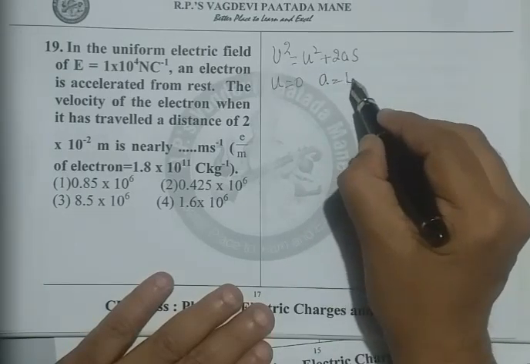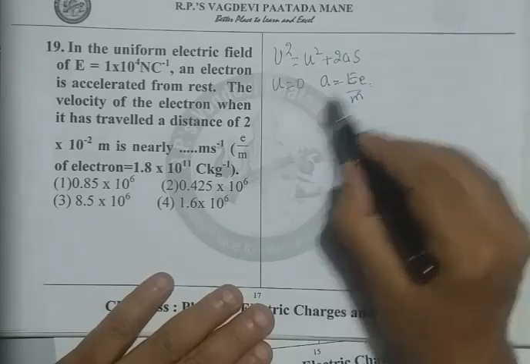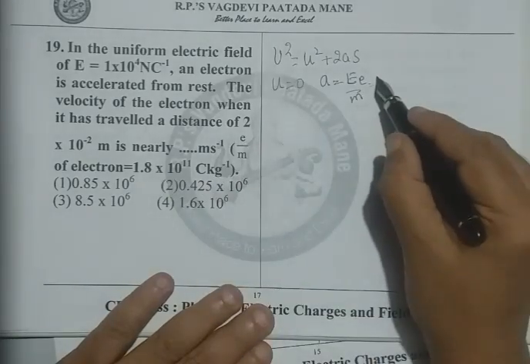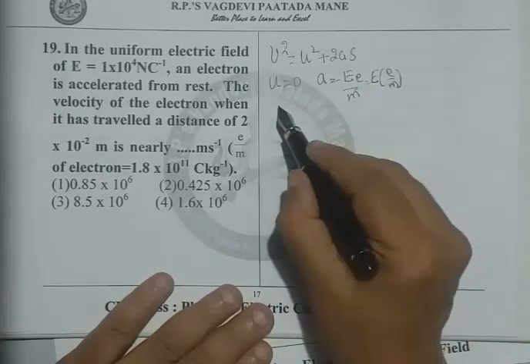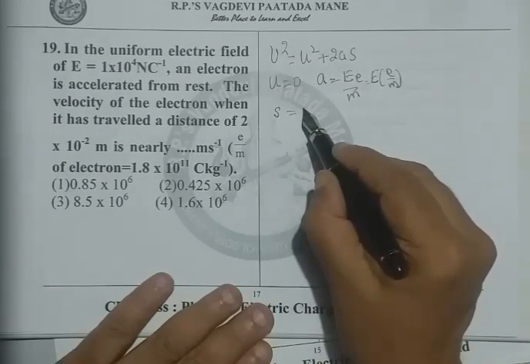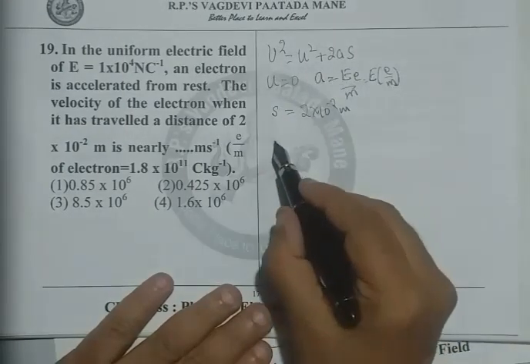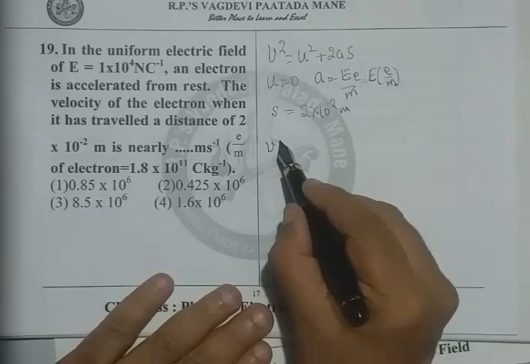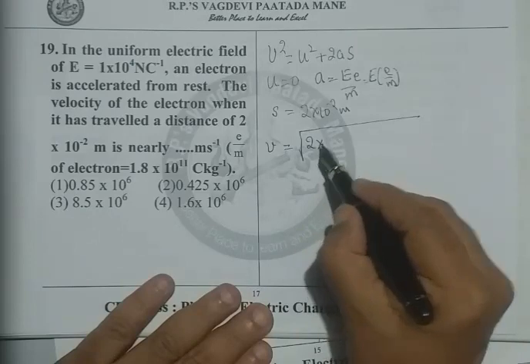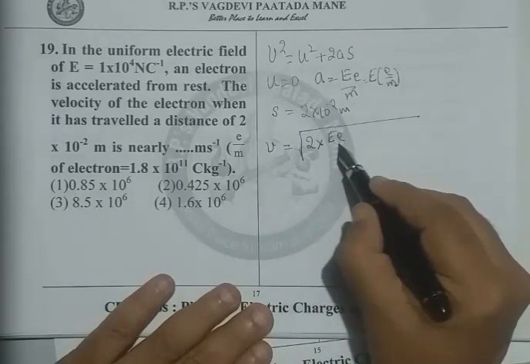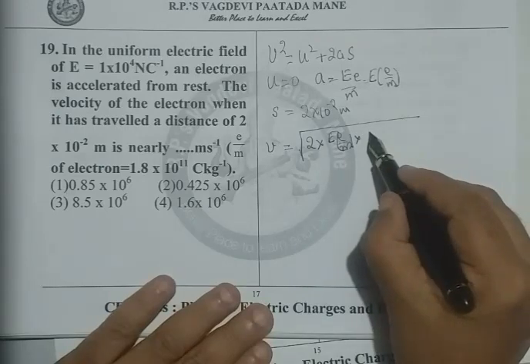The acceleration a, I can write as E by m, but we are given e by m. Therefore, E into e by m is the acceleration. And s is also given, 2 into 10 raised to minus 2 meter. Substituting all these things and taking the square root, we get v equals root of 2 into E by m into s.